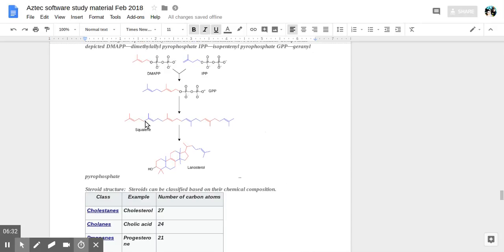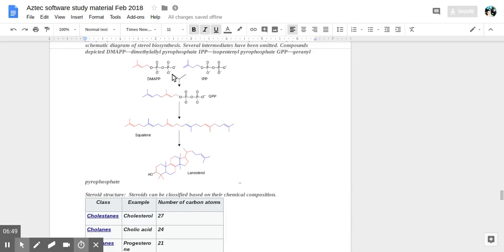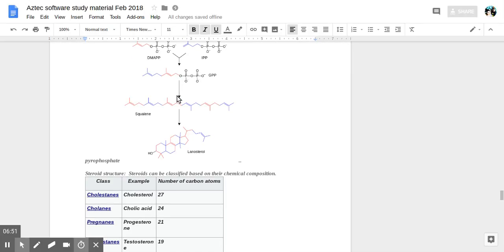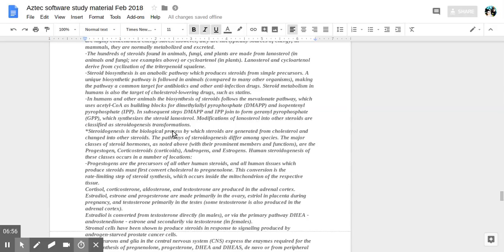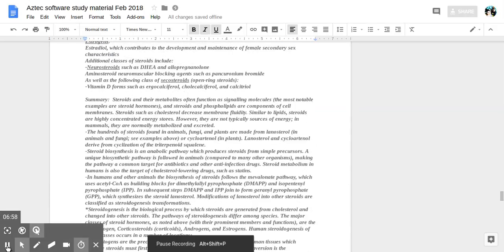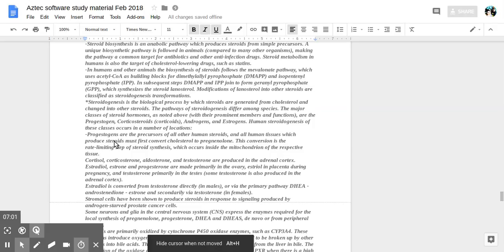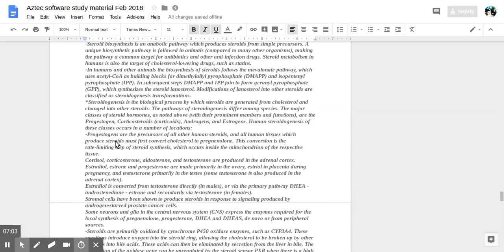So we saw that right here, how you have the production of a steroid molecule, that's squalene, from dimethylallyl pyrophosphate, etc. Steroid biosynthesis is an anabolic pathway producing steroids from simple precursors.